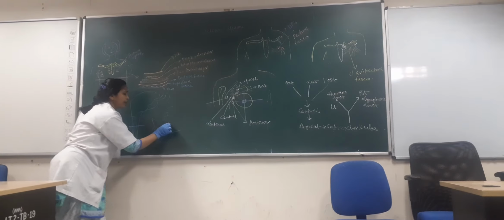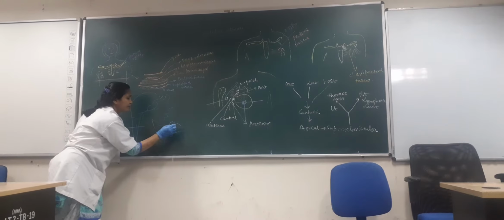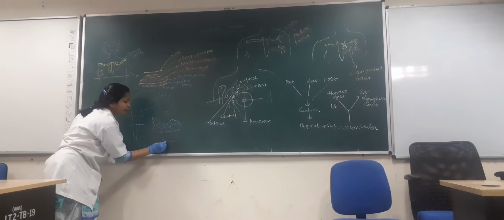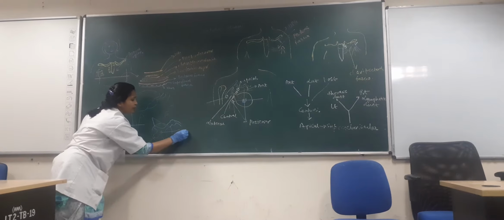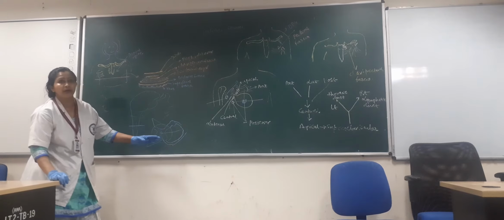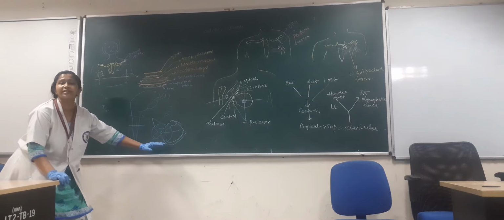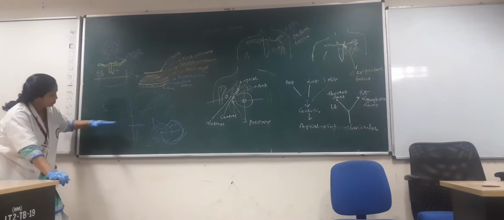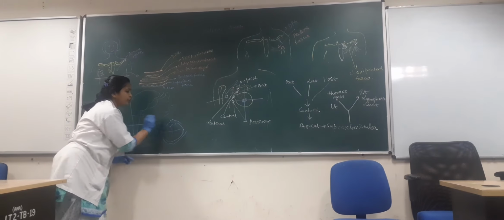From the dorsal horn, the dorsal root is coming out, and from here the ventral root. Ventral root is coming from the ventral aspect, and from the dorsal aspect of the cut section of the spinal cord, this dorsal root is coming, and this is dorsal root ganglia.